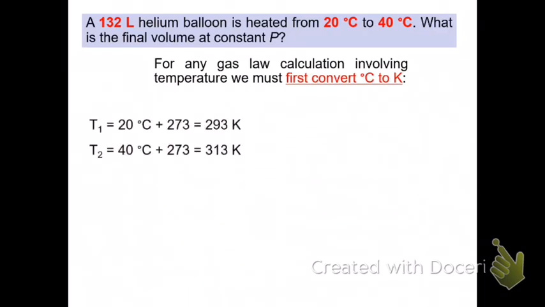So these are the values. We have the initial temperature of 20 degrees Celsius. Converting that to kelvins gives us 293 kelvins. And for the final temperature of 40 degrees Celsius, that converts to 313 kelvins. And we're trying to determine the final volume at constant pressure.